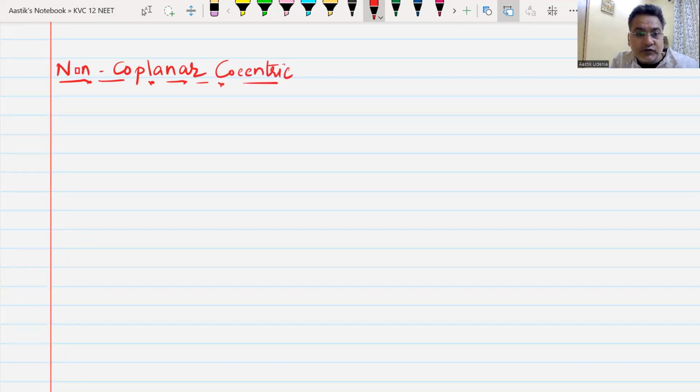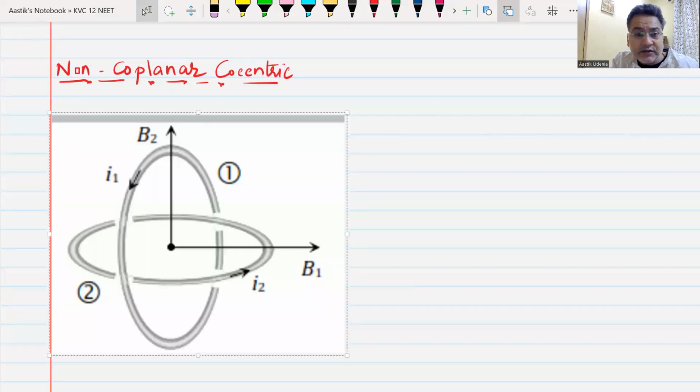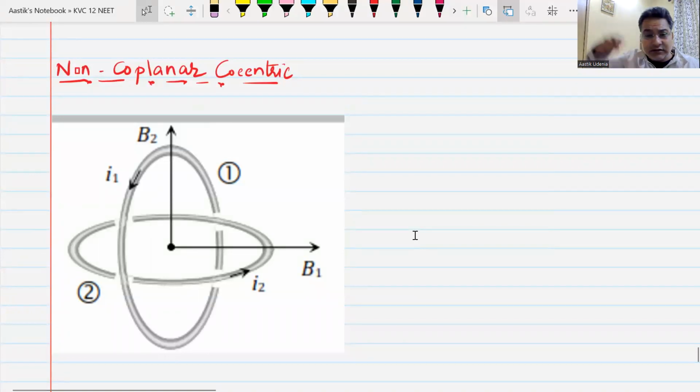Non-coplanar but concentric coils will look like this. They will have the same center, but they are not in the same plane. I hope you understand this. You can see these two coils, yes or no? Coil number 1 is kept like this, and coil number 2 is kept like this.